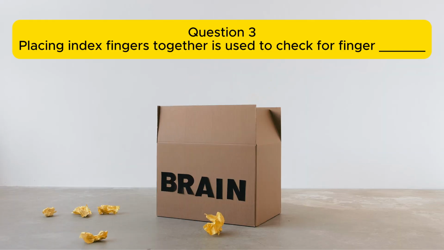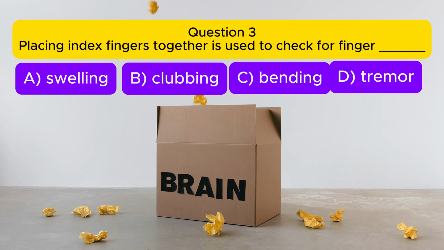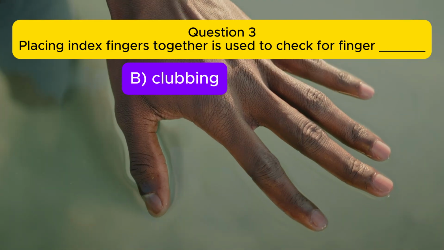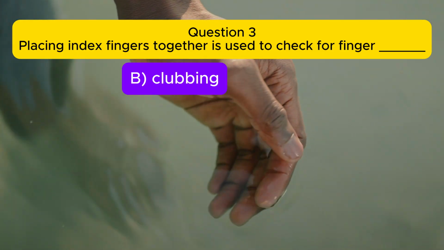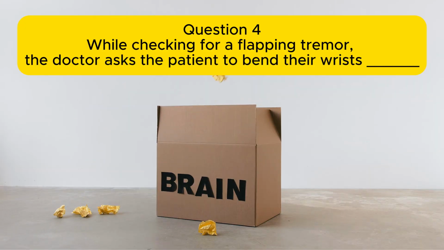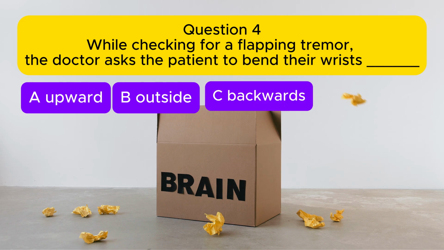Question 3. Placing index fingers together is used to check for: finger swelling, finger clubbing, finger bending, finger tremor. Correct answer, B. Clubbing. Repeat the collocation. Finger clubbing. Question 4. While checking for a flapping tremor, the doctor asks the patient to bend their wrists upward, outside, backward, sideways.